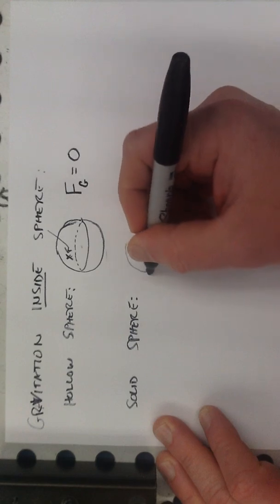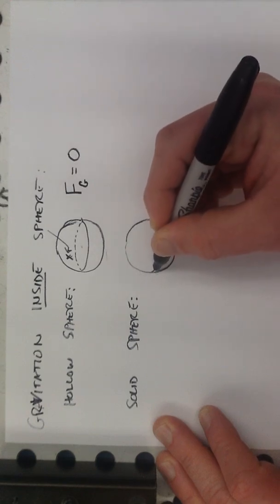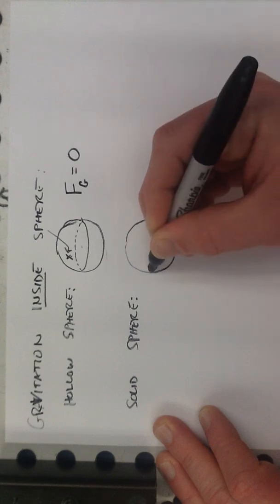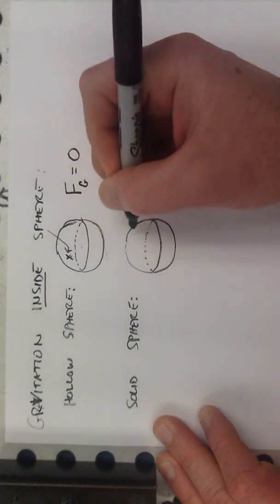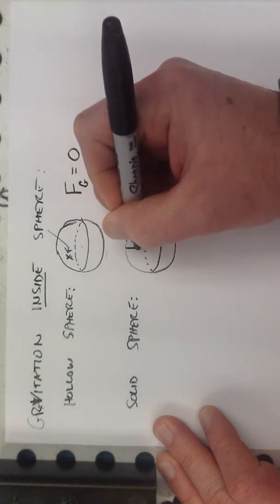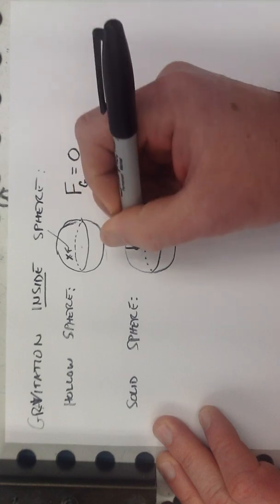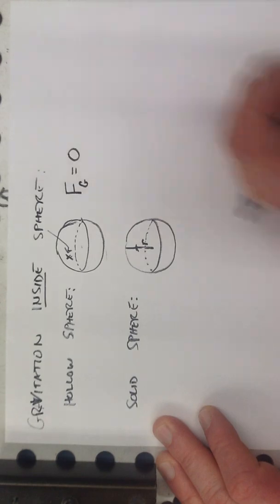Like you dug a tunnel trying to get to China or whatever, and you were down here at some location, let's call it small r.